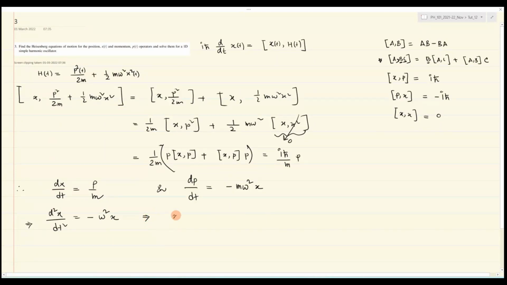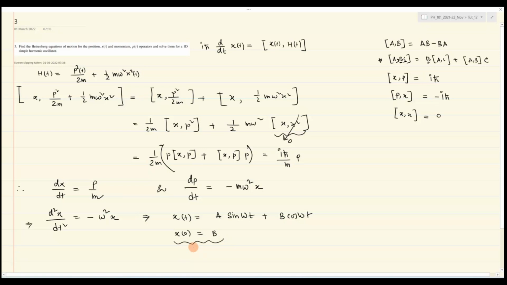You will get x(t) equal to a sin omega t plus b cos omega t. At t equal to 0, the particle will be at x0, so we can get the constants. A we do not know, but b we will get from here.